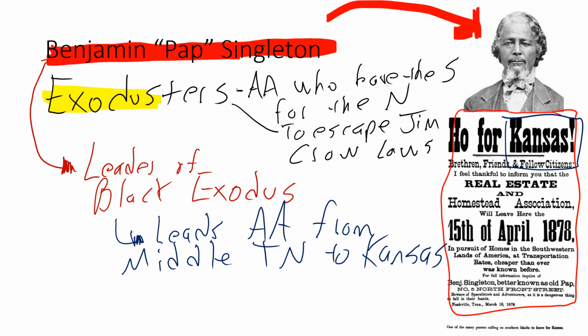And the fee is used to buy this new land. Pap Singleton is able to get enough African Americans together who pay enough of the fees, and he literally buys a small town in Kansas. These African Americans leave and move to Kansas. They found their own town. I'm sure they were still subject to racist attitudes, but life was so much better for them in the North. And that's why most of these African Americans are going to leave.